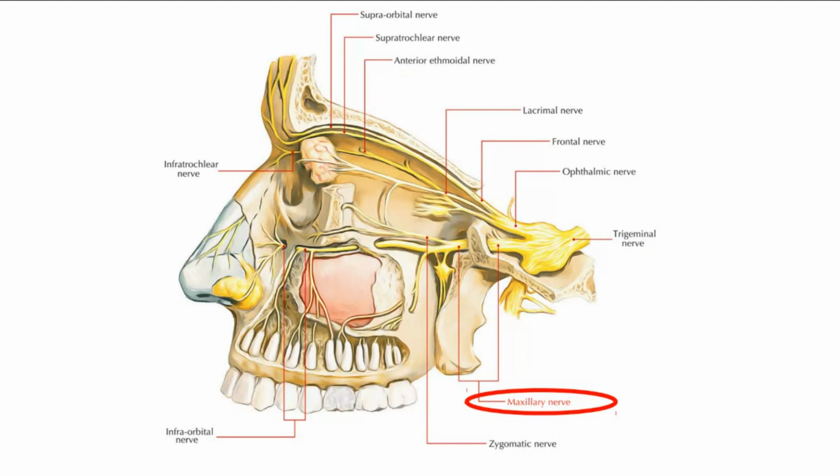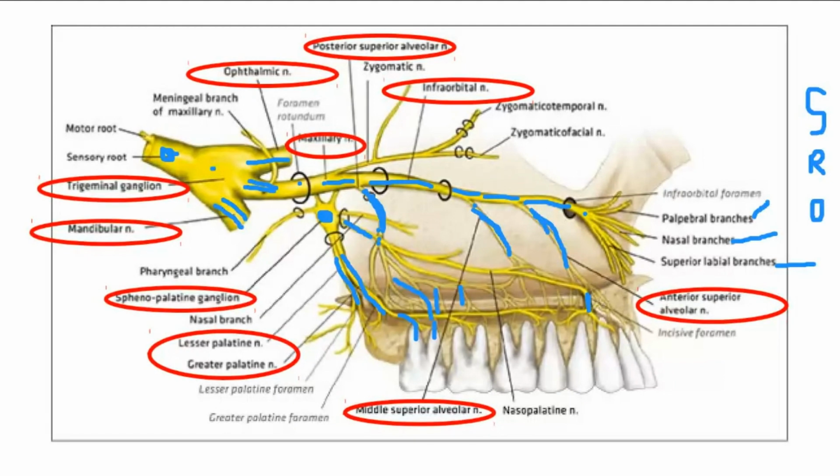No. And let me just go back. Here is what I said. I said the PSA will come from the maxillary first, and then the rest of the maxillary is called infraorbital. So you give the ganglion first, and then you give the PSA, still maxillary nerve.